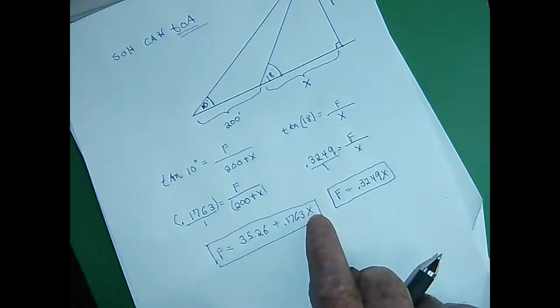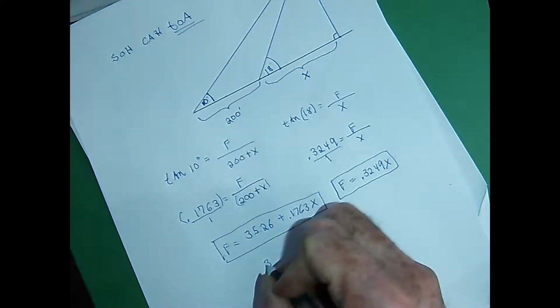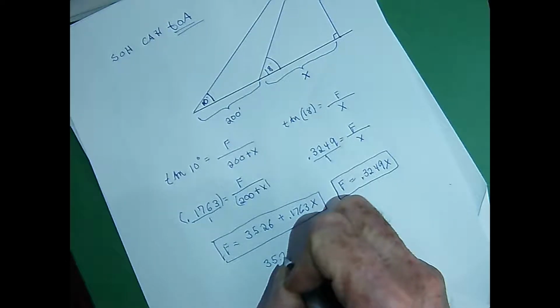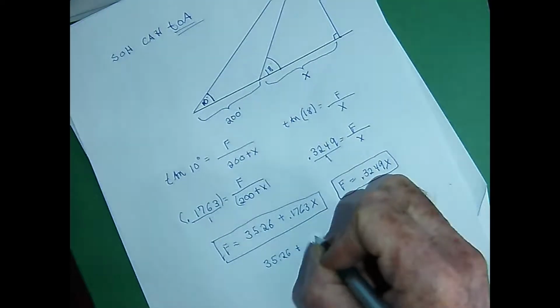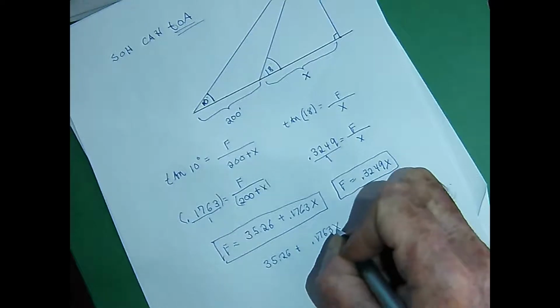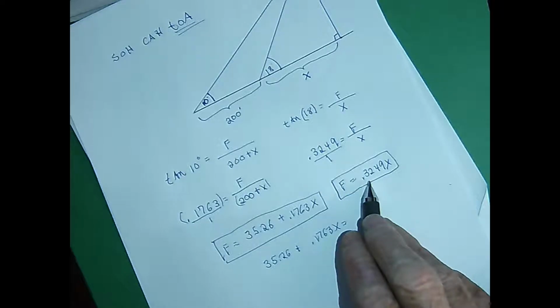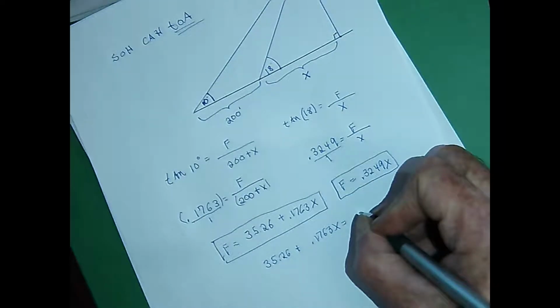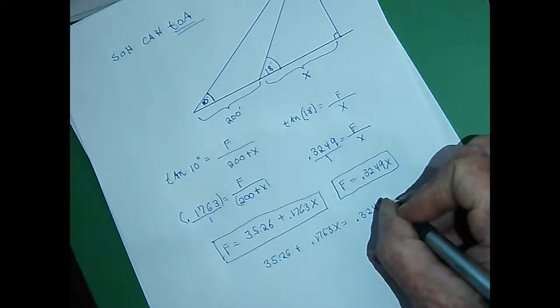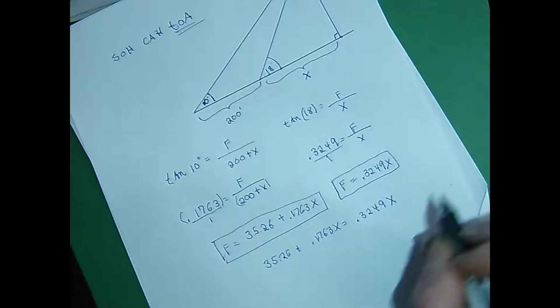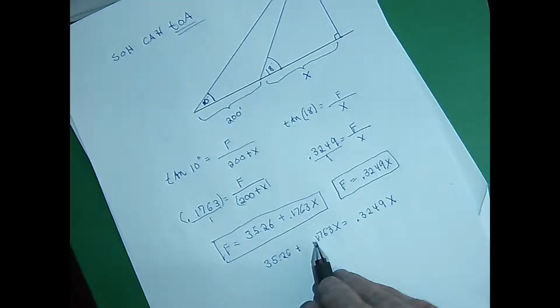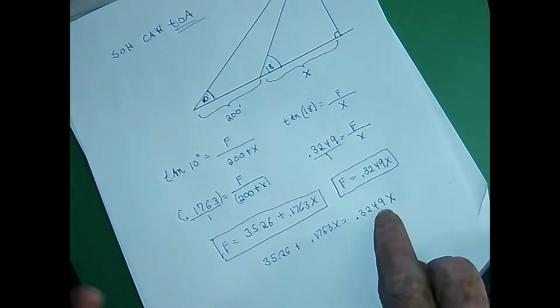We're going to have to find x first. So 35.26 plus 0.1763x must equal f, which in turn equals 0.3249x. We're going to solve this for x. I guess I ought to subtract 0.1763x from both sides. Take it away from this guy, huh?